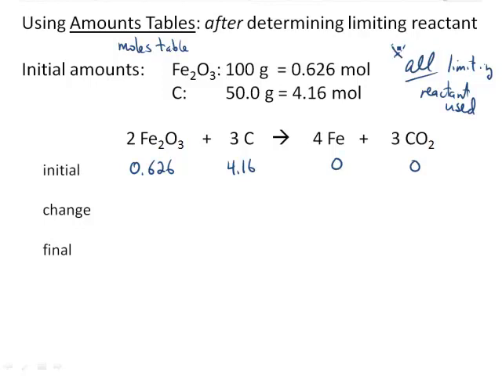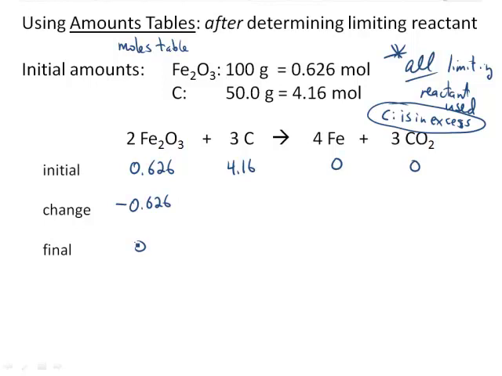The limiting reactant gets used up. The other one is the reactant in excess. So carbon is in excess, is the way you say it. It's the reactant that is not used up. So the change for the iron oxide will be minus 0.626, and you're going to end up with no iron oxide left over because it gets used up. That's the whole idea of it being the limiting reactant.